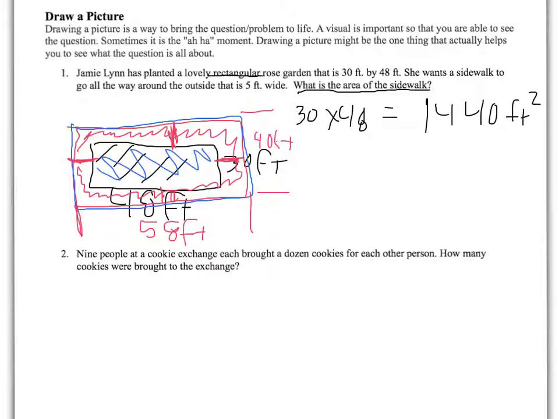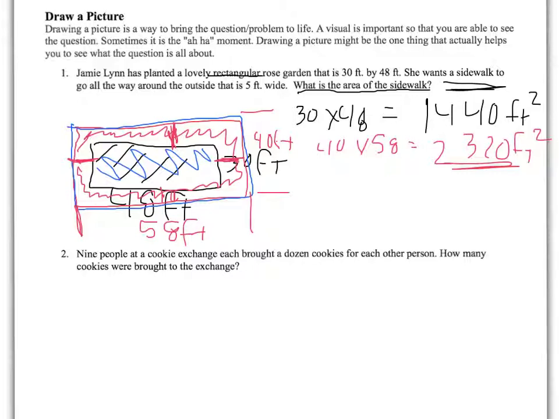So knowing that area's length times width, the area of the total large rectangle, 40 by 58, is going to be 2,320 feet squared.